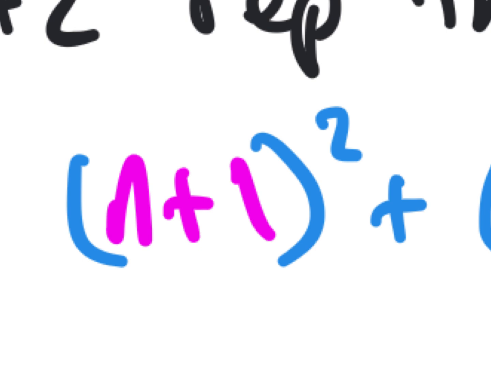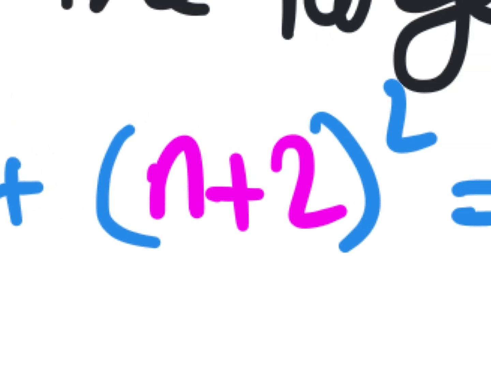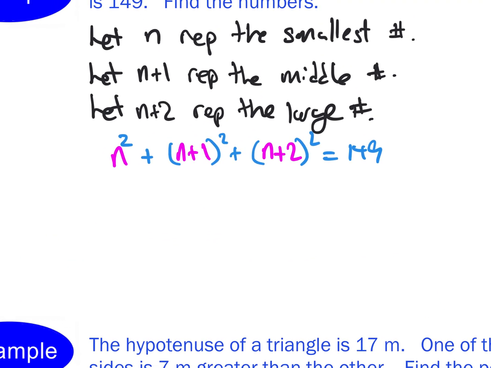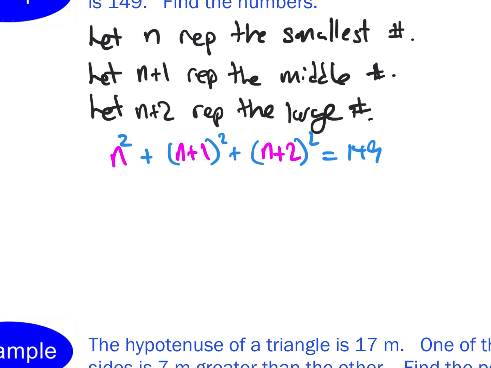But what about n plus 1 squared and n plus 2 squared? Well, previously we talked about squaring a binomial. So, if we square that stuff out, we are going to get n squared plus, and we have n plus 1 squared, which is going to be n squared plus 2n plus 1.